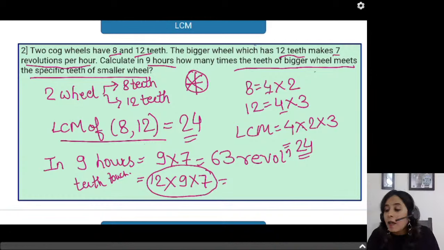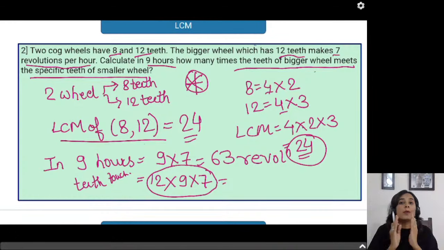Now I need to divide it by 24 in order to find out how many times the teeth are going to meet, that is, how many times a specific tooth of one wheel is going to meet a specific tooth of the second wheel.